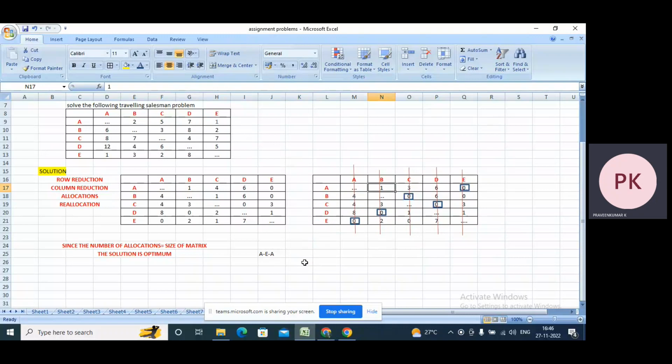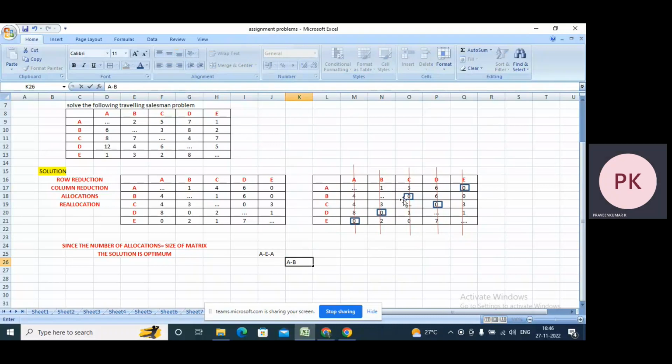Let us see what that is. Now my next new allocation is A to B. Here I will not allocate the 0, because if you allocate 0, it will not obey the traveling salesman problem. So I'll pick the least elements. I will allocate 1, then I'll write a new route: from A to B, and where is B?